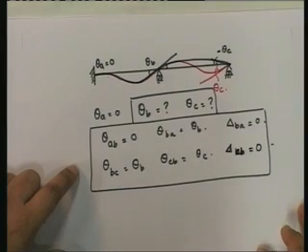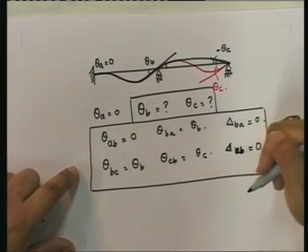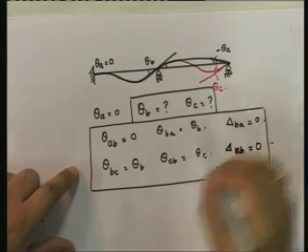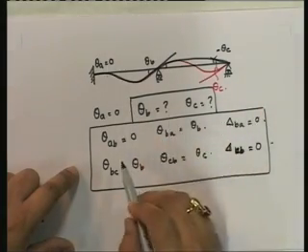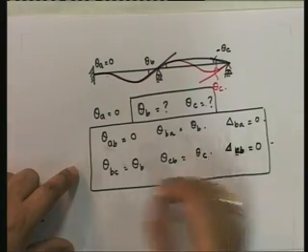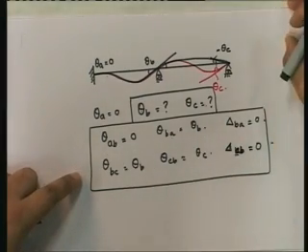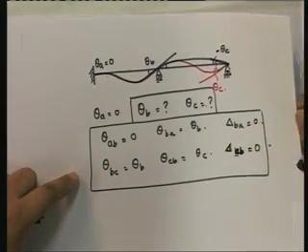So therefore, the overall thing is that we have to use the slope deflection equations to be able to find these values, and once we find these values, if we find these two, remember that we can find these, and then we can find out the member end moments, and that becomes a statically determinate structure. Okay?